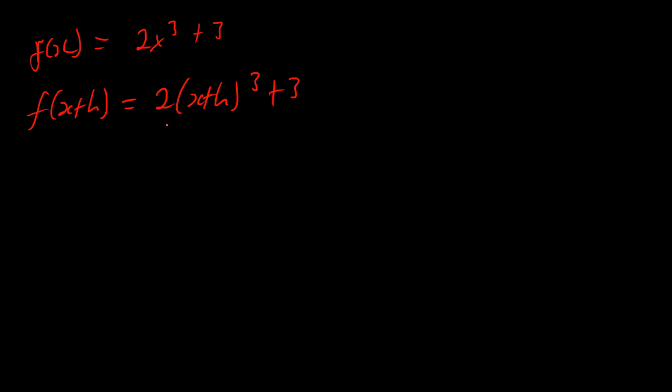And so if we do it well, you are going to obtain 2x cubed plus 6x h squared plus 6x squared h plus 2h cubed plus 3. When you expand this, you are going to have up to here and then plus 3. So that is what we have here.